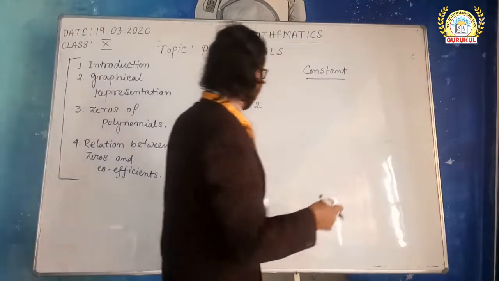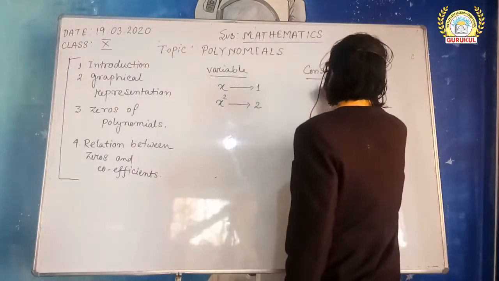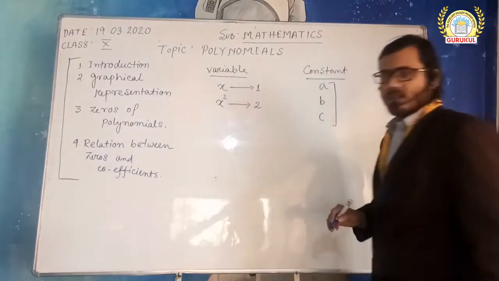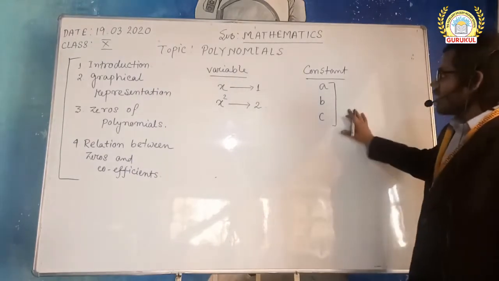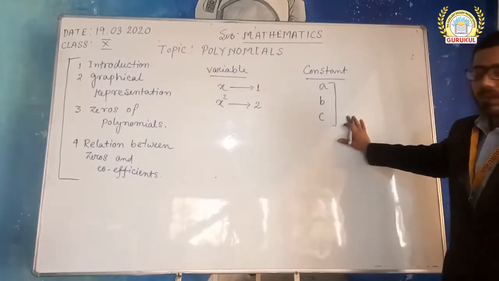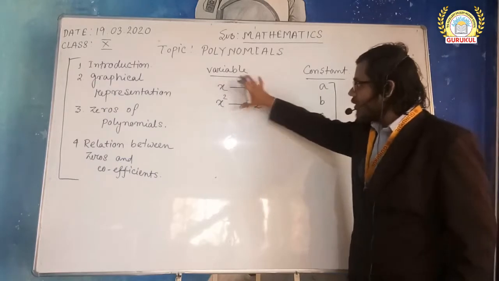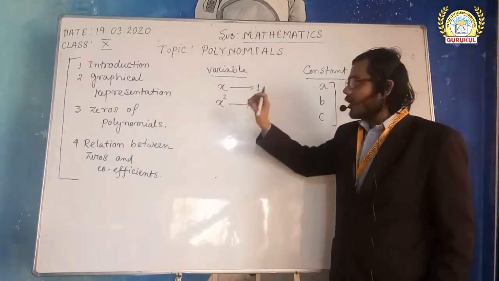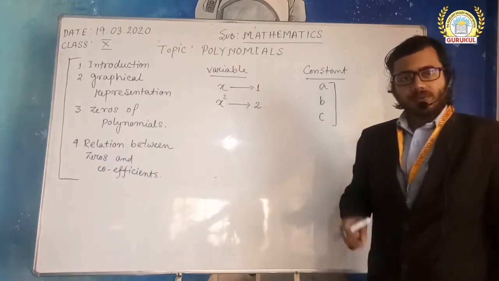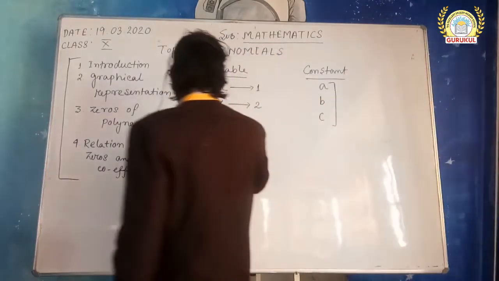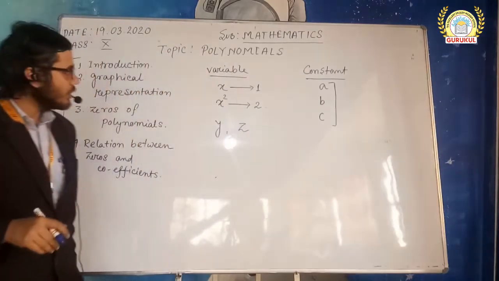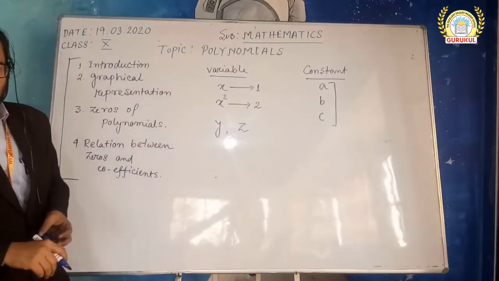Now, if I write a or b or c, then you can easily say that these are constants. So, variable and constant. Now the question is, can we write only x as the variable? No, we can use any letter, y, z. These all represent variables in algebra.